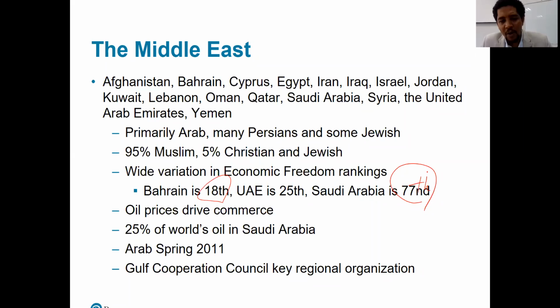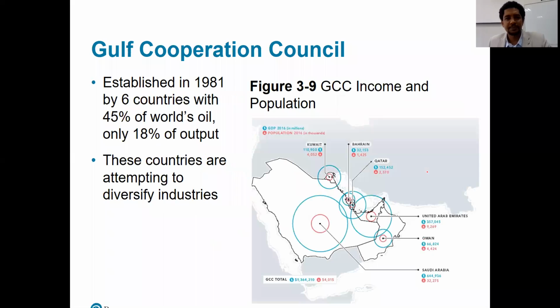And there is a Gulf Cooperation Council, a key regional organization, signed among these Middle East countries. This Gulf Cooperation Council was established in 1981 by 6 countries with 45% of the world's oil, only 80% of the output from what they have.